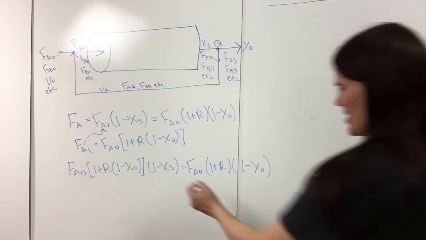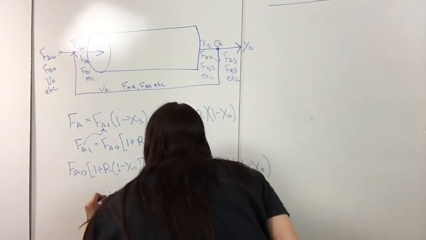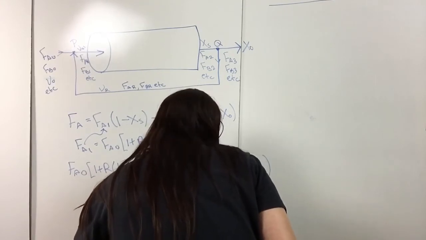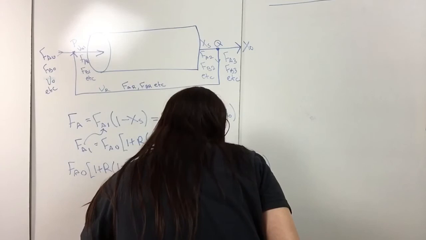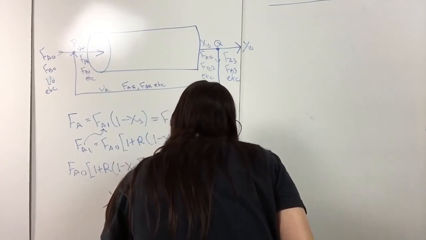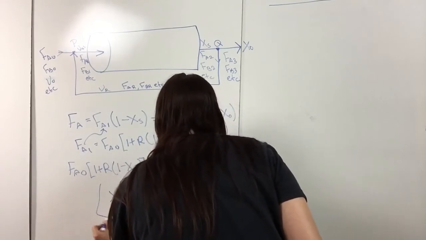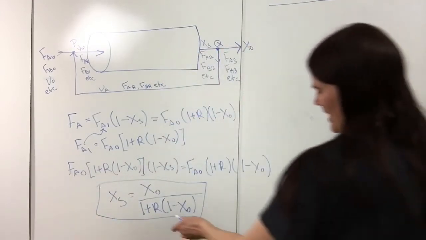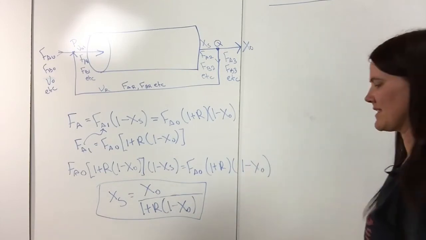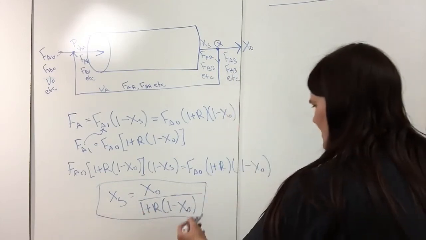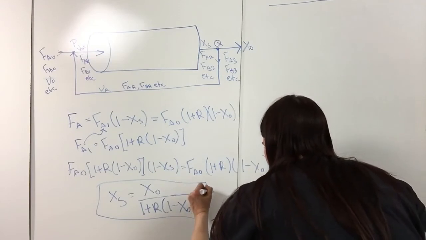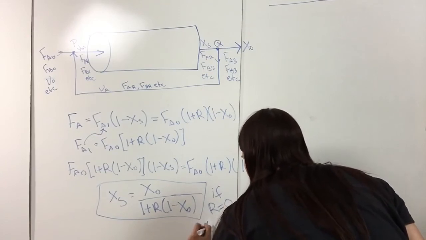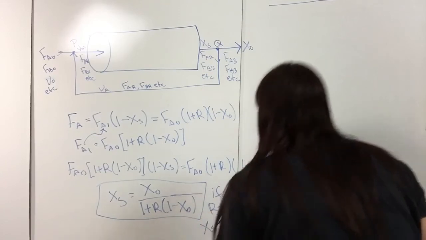So if you solve this equation for XS, you get XS is equal to X naught over 1 plus R 1 minus X naught. And then one thing you should notice right away is that if R is 0, in other words, if your recycle feed is 0, then XS is equal to X naught.